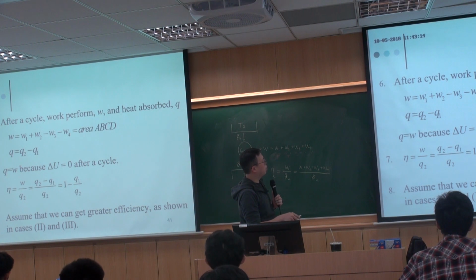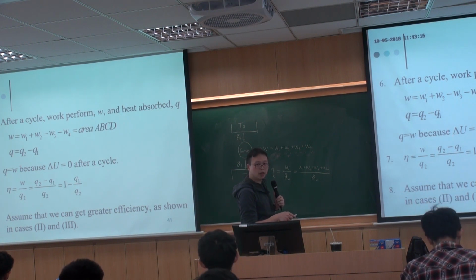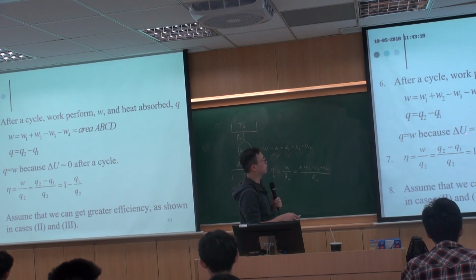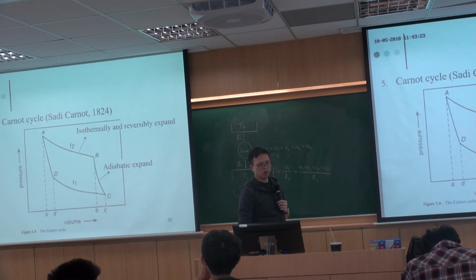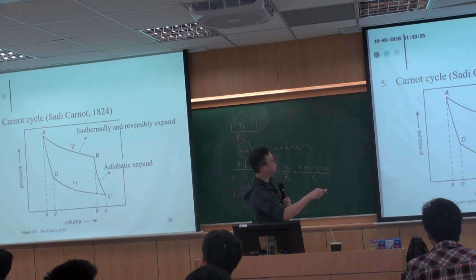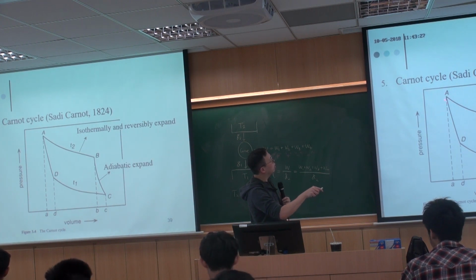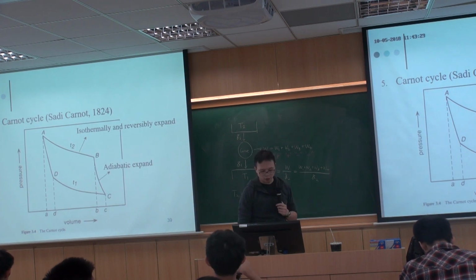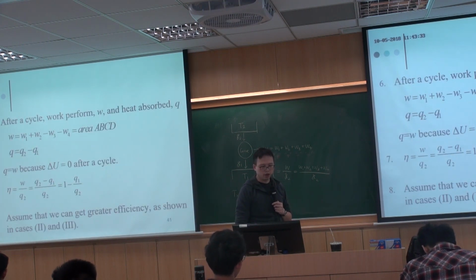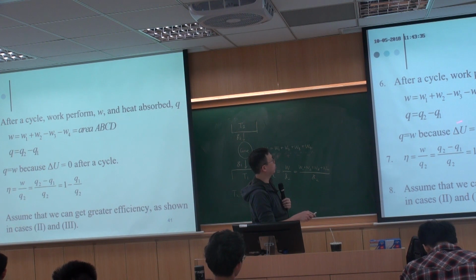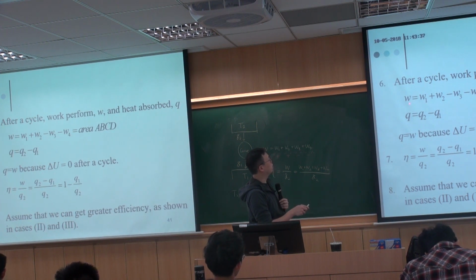And another key point is that for the cyclic process, delta U is 0 because we went back to the original state. So we start from A, and then we end up at state A as well. So there's no state change in terms of internal energy. So delta U is 0. Therefore, we know that W is the same as Q.